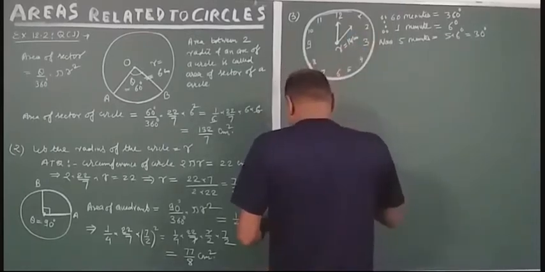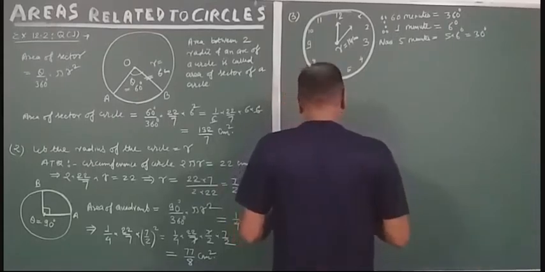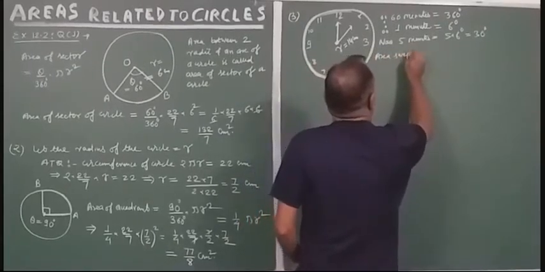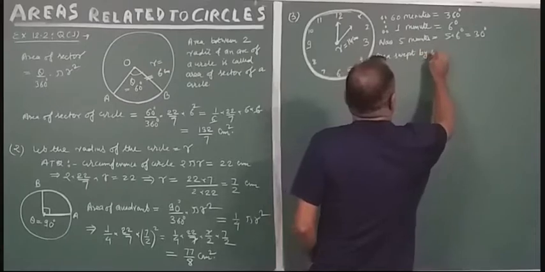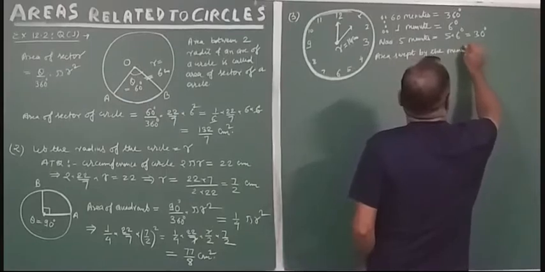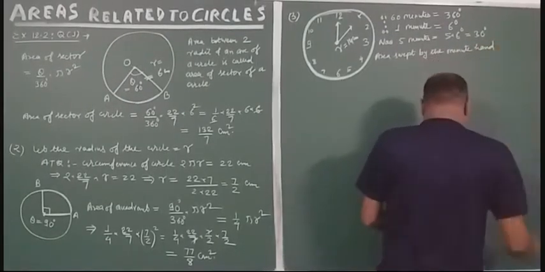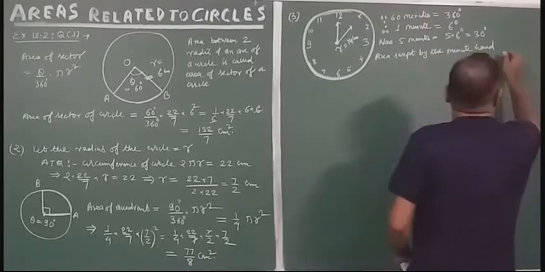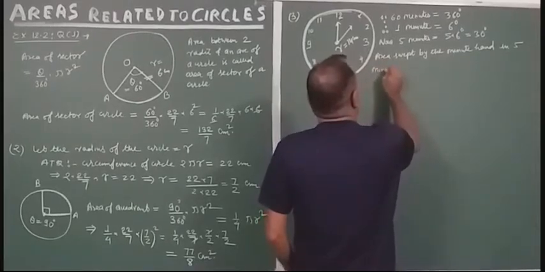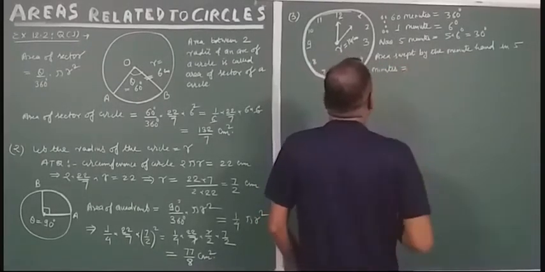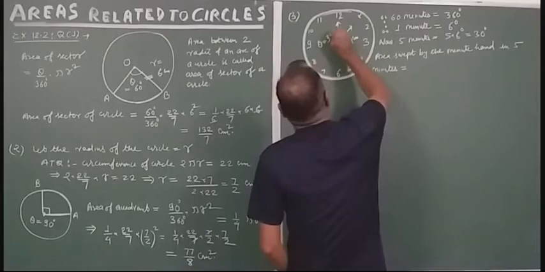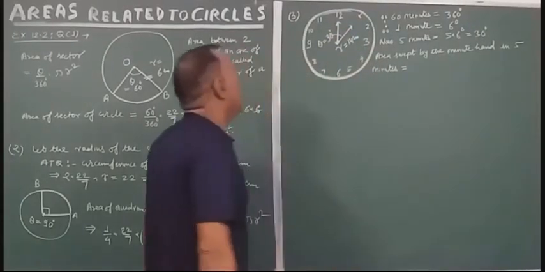Therefore, area swept by the minute hand in 5 minutes will be theta upon 360. So what is this angle? This angle is 30 degree. Theta is 30 degree.